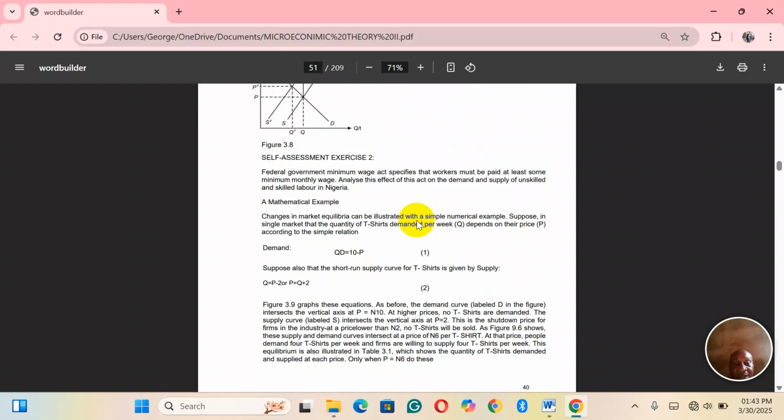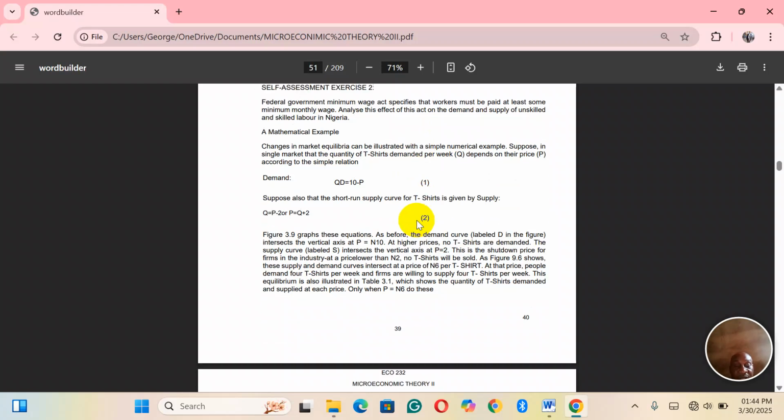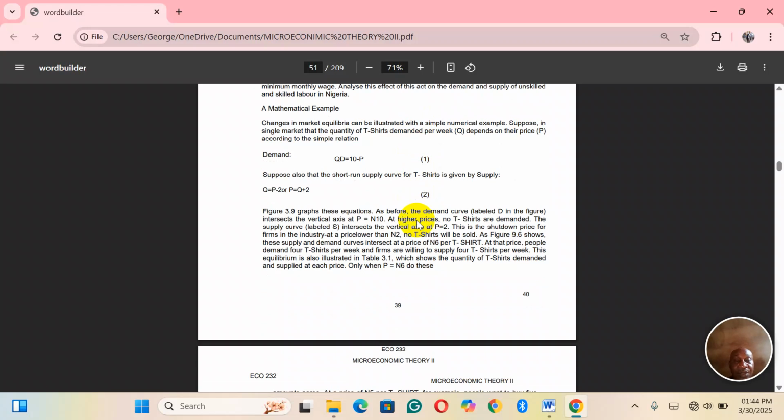Changes in market equilibrium can be illustrated with a simple numerical example. Suppose in a single market that the quantity of t-shirts demanded per week, Q, depends on their price according to a simple relationship. So the quantity demanded is equal to 10 minus P, in equation 1.